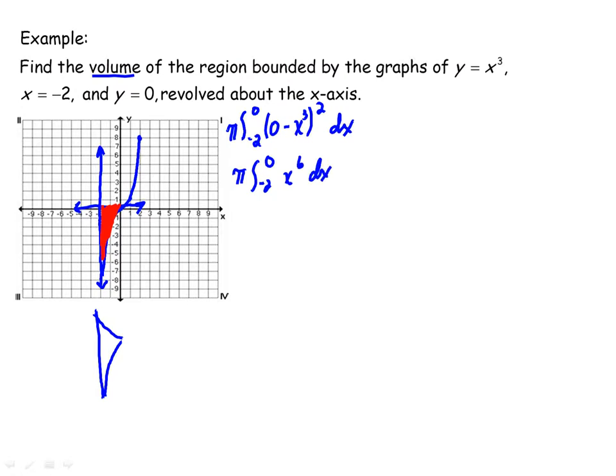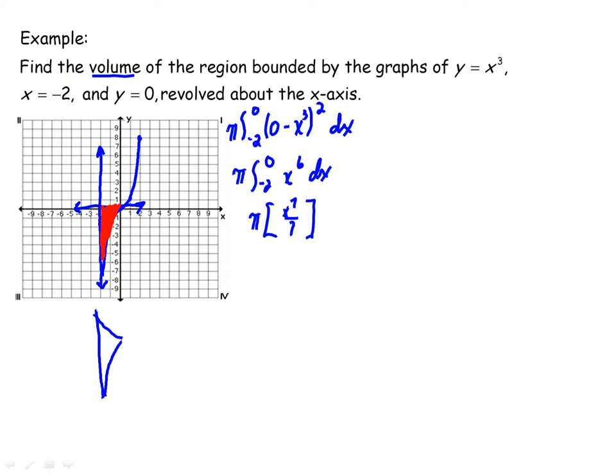X to the 6th dx, right? What's your next step? Antiderivative. Integrate. To get rid of the integral symbol, you have to take the antiderivative. So we're going to have pi times x to the 7th over 7, evaluated from -2 to 0.